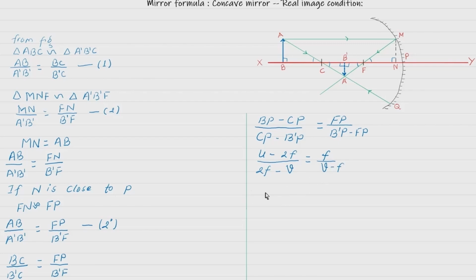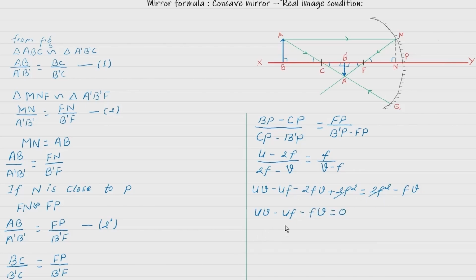Here we have to do some mathematical calculations, that means we will cross multiply them. We get uv minus uf minus 2fv plus 2f squared is equal to 2f squared minus fv. These two terms are equal, so they cancel each other. The remaining terms are uv minus uf minus 2fv plus fv, which gives minus fv, is equal to 0.